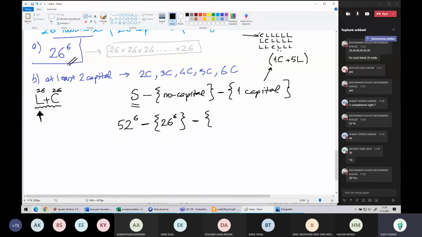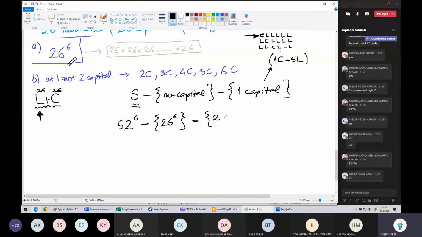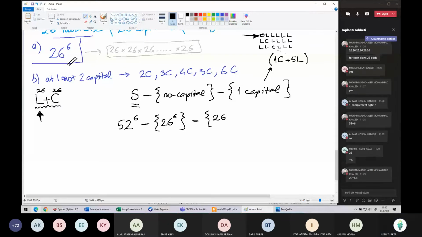In how many ways can you generate the first one? The first one starts with a capital. So I can use 26 capitals in the first digit, times the last 5 digits are lowercase, so 26 power 5.